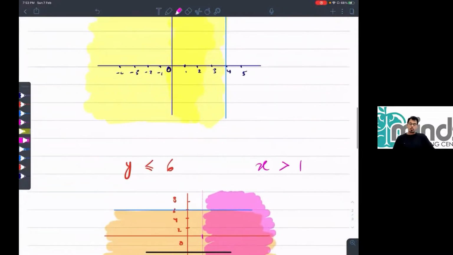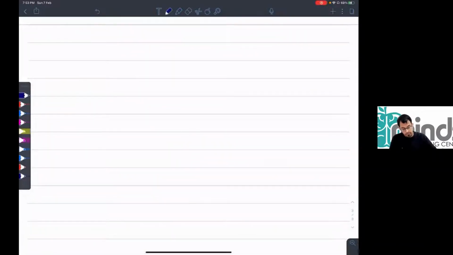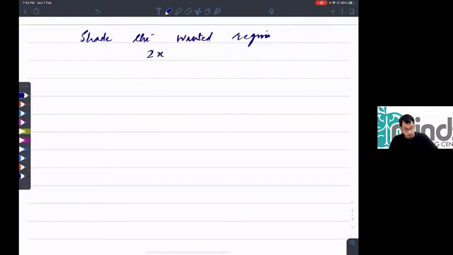Now, up till now, we were focusing on only equations involving x and y separately. But if I say shade the wanted region, and they have given you this equation, 2x plus y is less than or equal to 6.